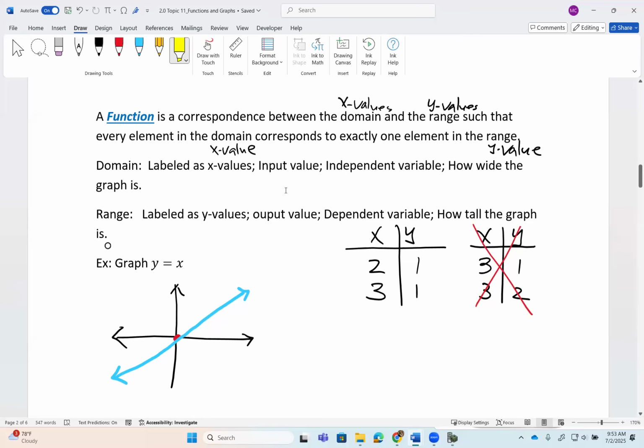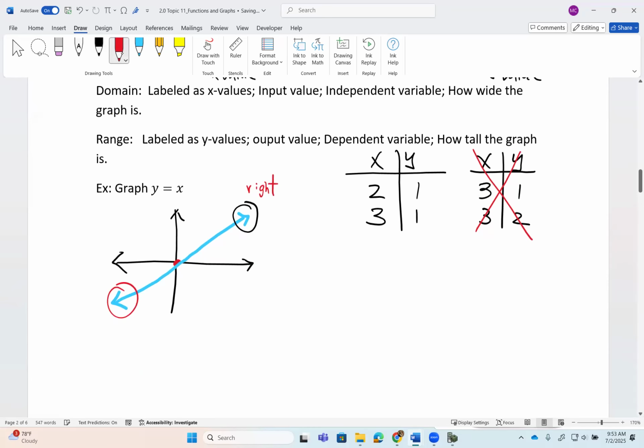If we go back and take a look at the idea of a domain and a range: domain is how wide the graph is. Remember, this is an x and y axis, so we've got two dimensions going on here. Left to right. This arrow keeps on going right. This arrow keeps on going left.